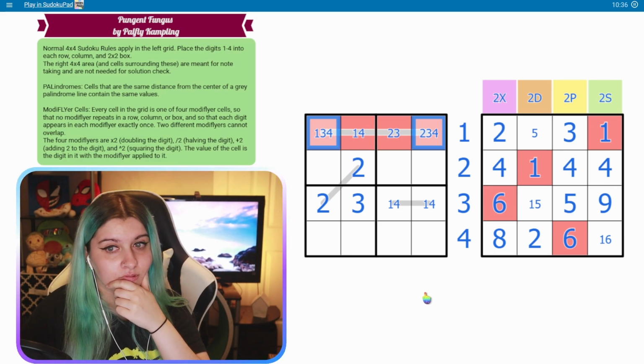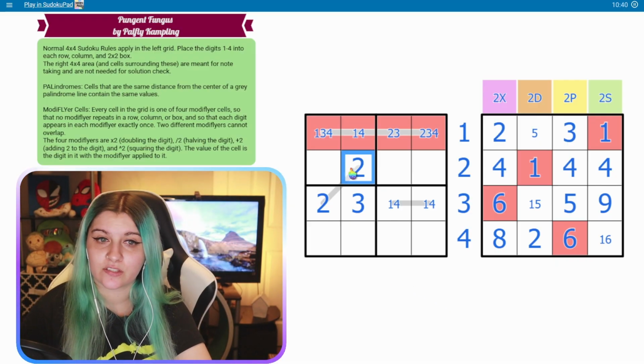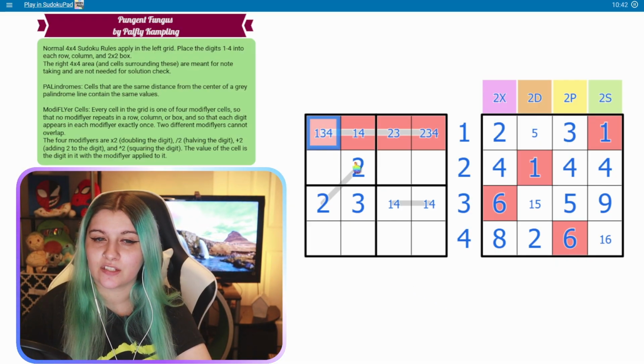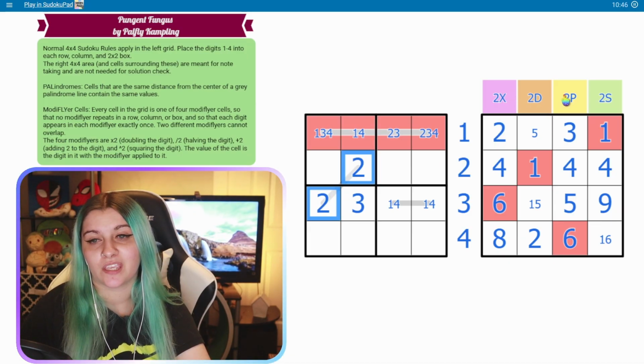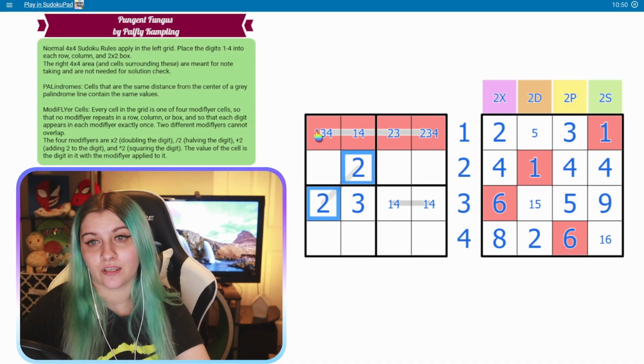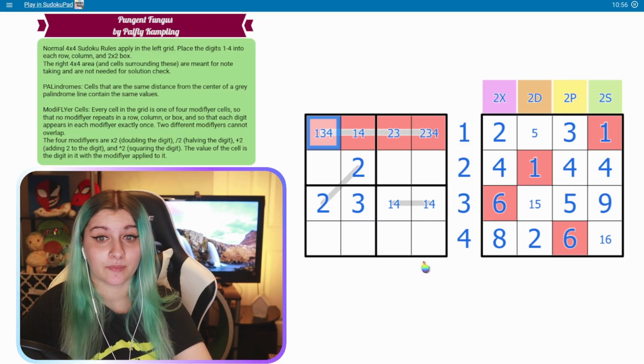Now, this 2, this digit is going to see both uses of this. So if I were to do pink and yellow here, this would not be able to be 3 or 4. Okay, there's something.